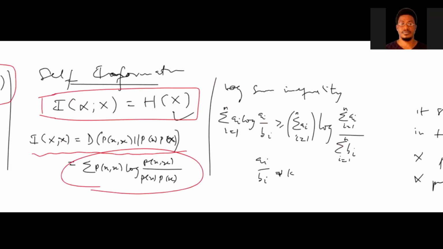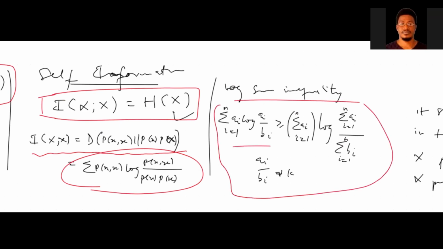So this will be the summation of P of X, X, log of P of X, the joint distribution, over P of X times P of X. That's all. And from there, you progress and begin to introduce all of those activities. Then there is the log sum inequality, which you will invoke in this one.